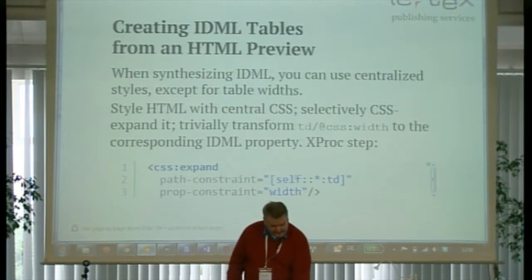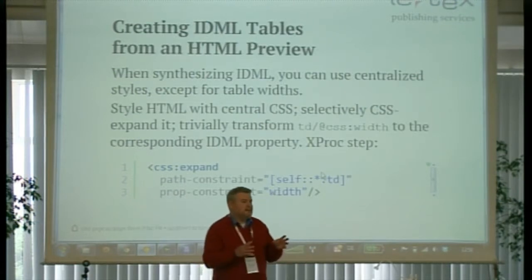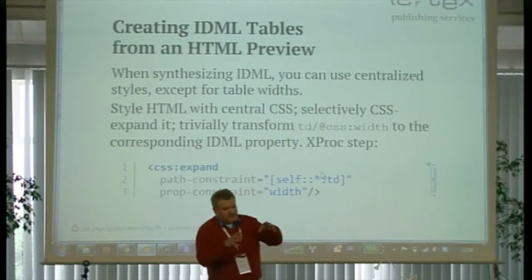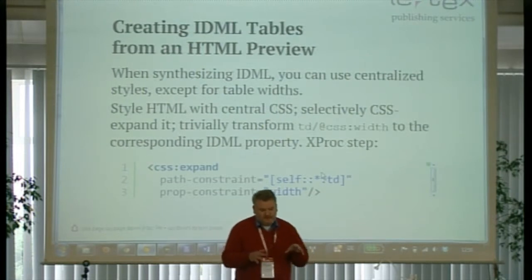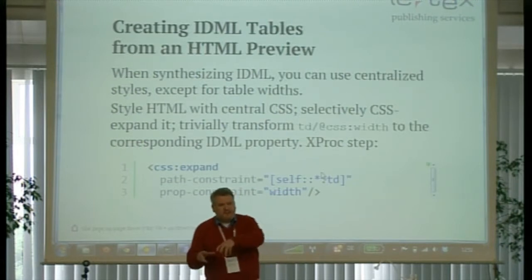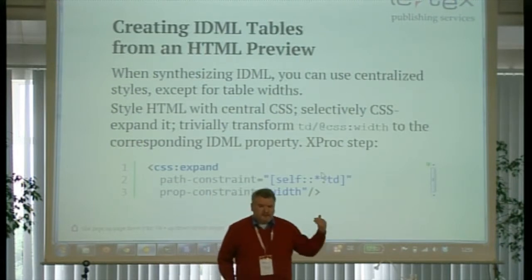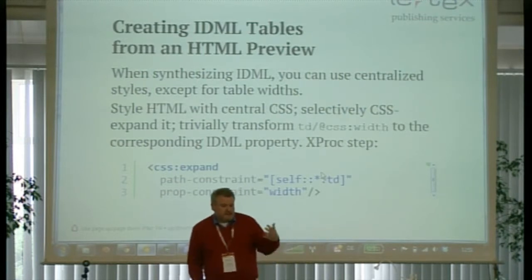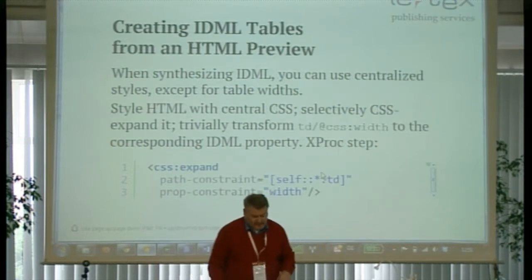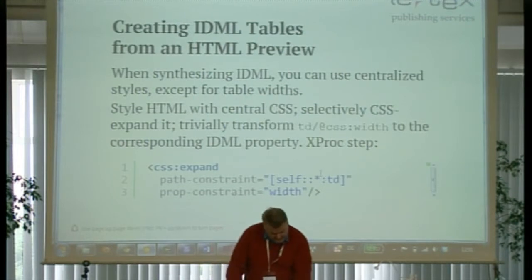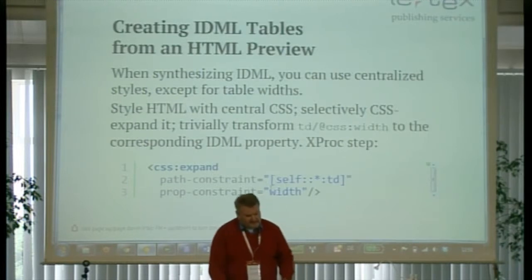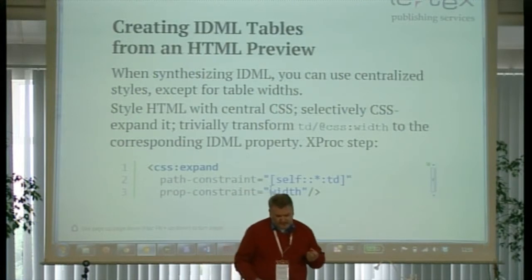First we create, from a Word file, we see an example now, a Word file, we transform it to TEI, which is the publisher's central format, create an HTML preview from that, and style that with CSS so that the table cells get their proper width. And then we expand it selectively so that we can just map the CSS width attributes to IDML's corresponding properties.